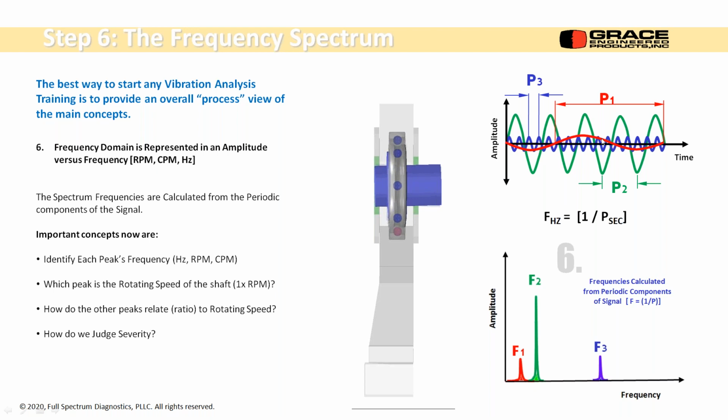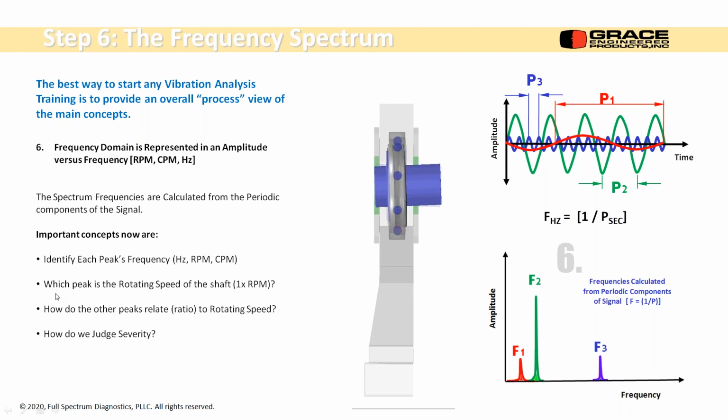F1 is this low frequency period. F2 is the green one, a little higher frequency, but that's the period length. And the third one is the ball spin frequency, which is a shorter wavelength there. Okay, so I've just done the simple calculation and I have my 3 frequencies.